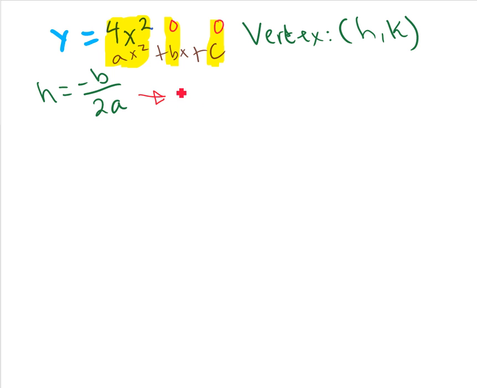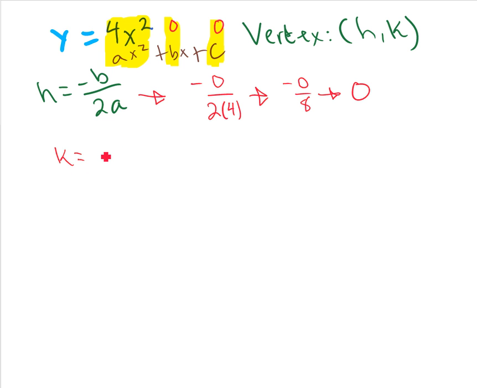So when I plug this in, we get negative 0 over 2 times a, which is 4. So we get negative 0 over 8, which is 0. Now we need to find our k.